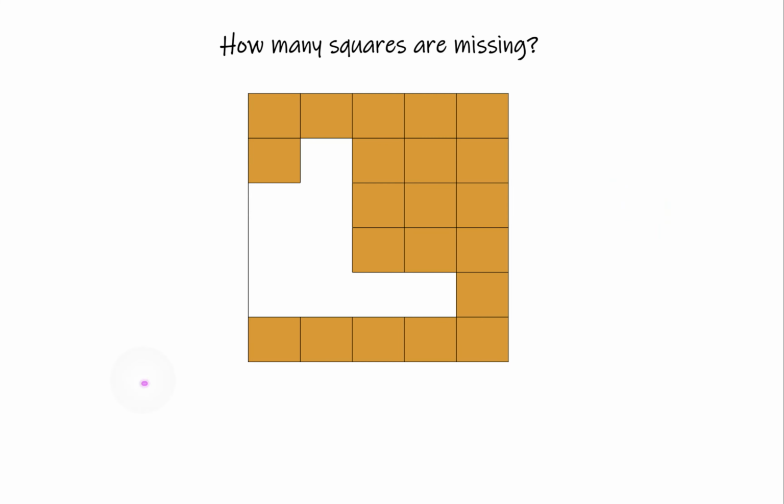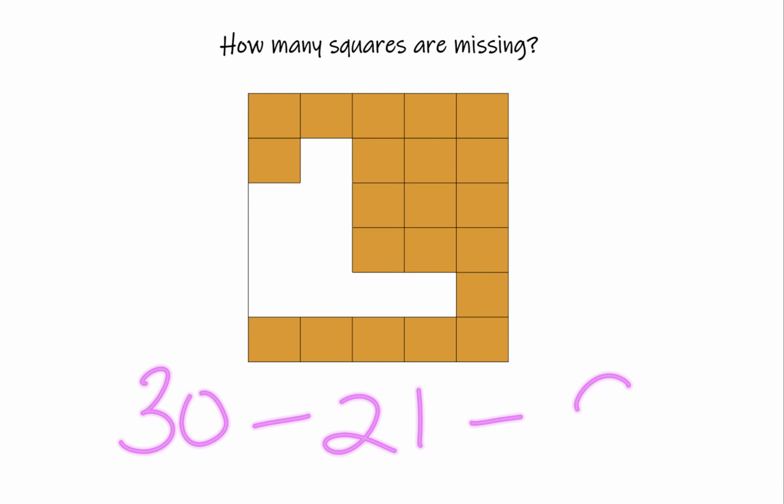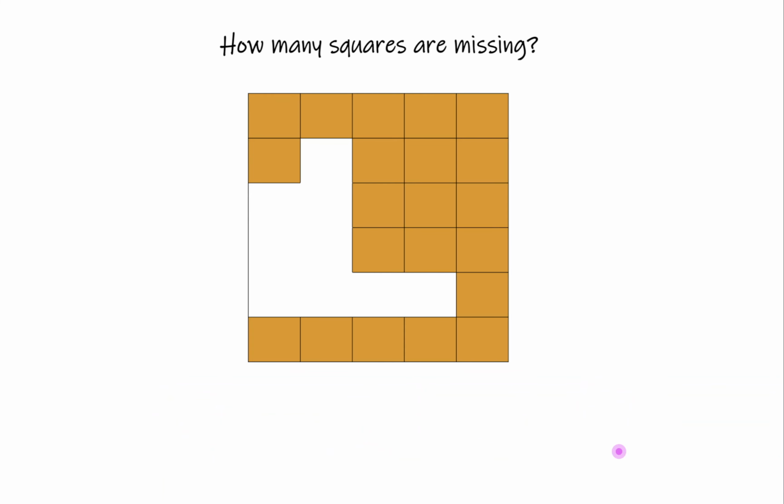If there should be 30 total and 21 are orange, they might simply subtract to realize that 9 are missing. In this way, this activity can be about subtraction, it can be about composing number, and it can also be about decomposing two-dimensional space. We encourage you to try one of these array missing questions with your students today.